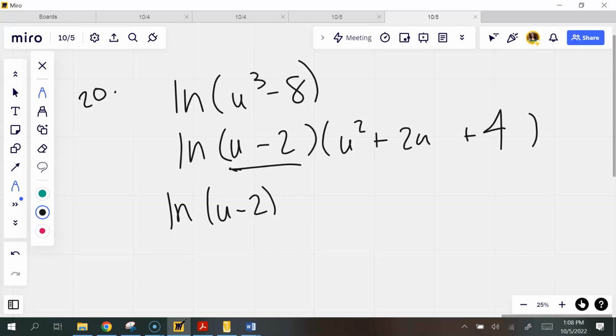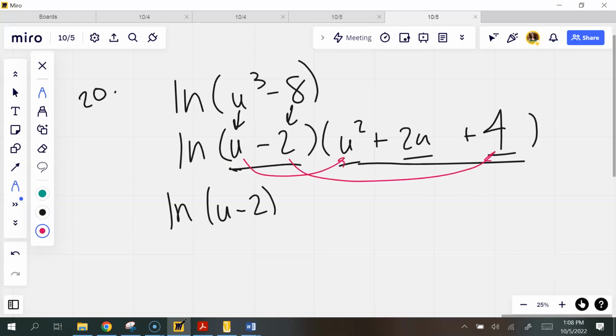Same change plus. Square the first one, square the last one, and put them together, right. The signs are always same change plus.